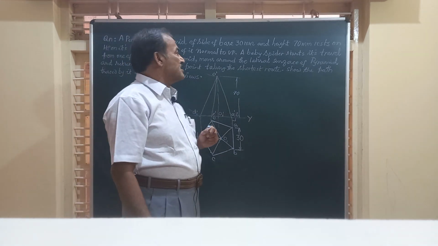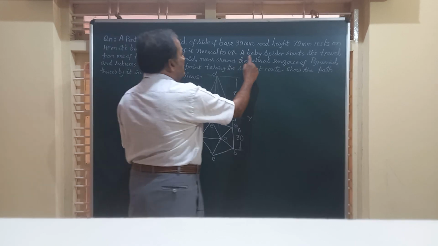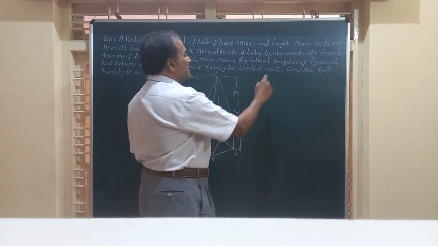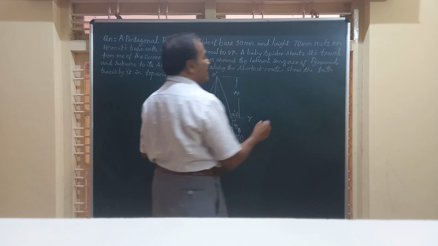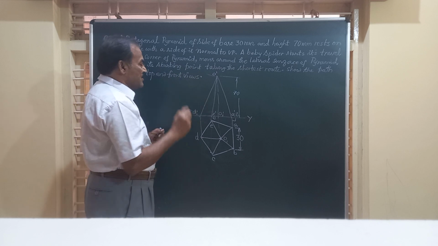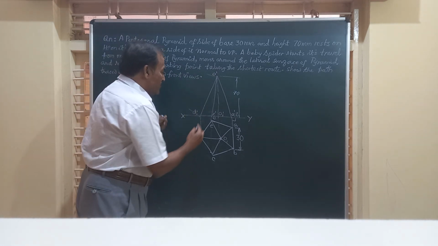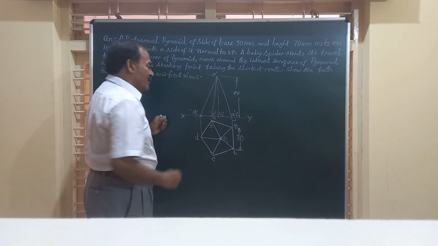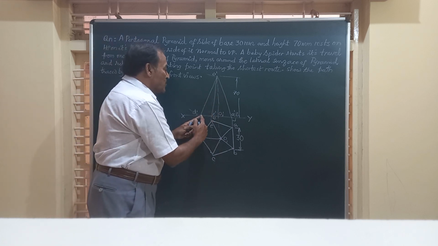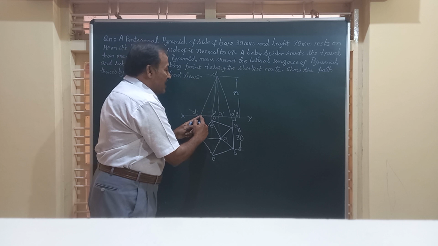Then friends, what happens? A baby spider, a small animal, starts its journey from one of the corners of the pyramid. So, if I take this D as the corner, the baby spider will start moving from this corner.